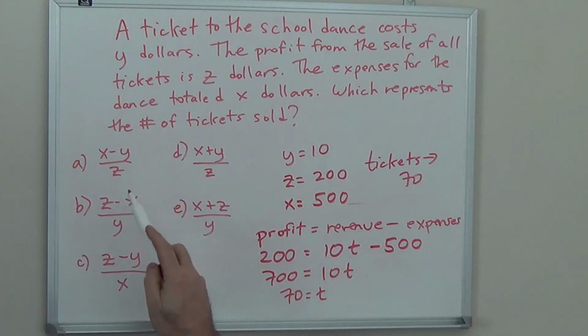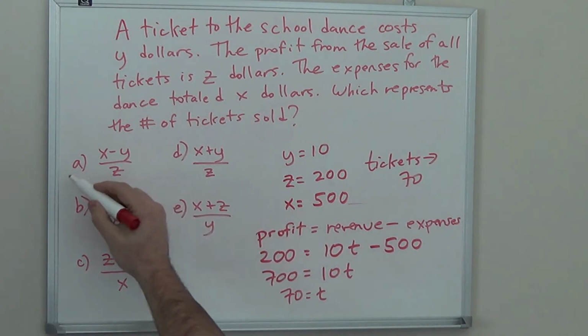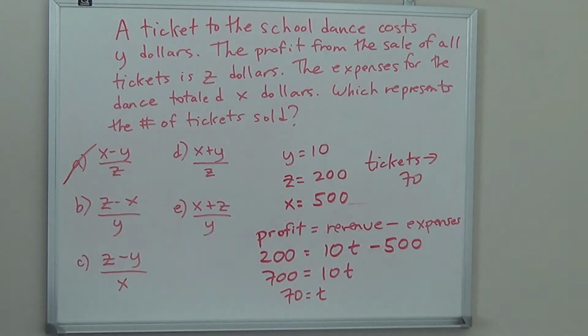Let's look at A. 500 minus 10, that's 490, divided by 200. That is not going to be 70, so we can cross that out. Let's look at the second one. Z is 200 minus X. That's a negative number, and that's not going to make much sense. Z minus Y, so 200 minus 10, that's 190 divided, no, that's not going to do it.